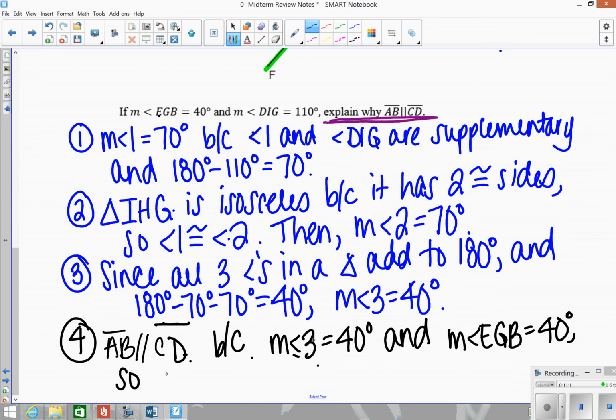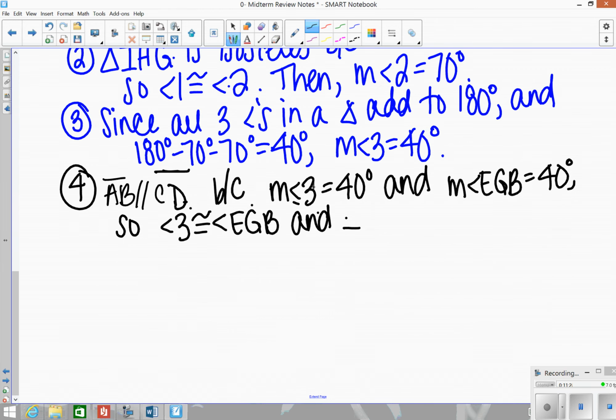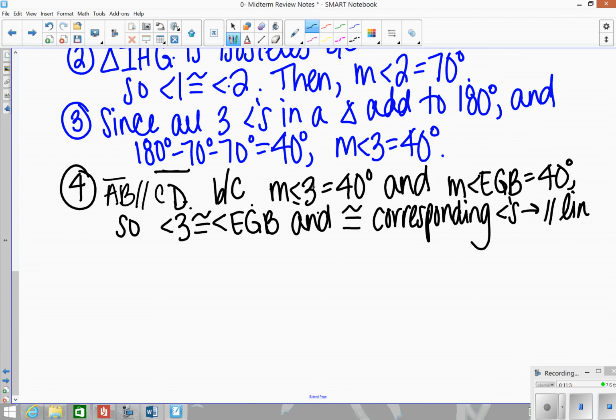So angle 3 is congruent to angle EGB, and congruent corresponding angles imply parallel lines. So we're doing the converse of what was on the previous page. So we got the congruent corresponding angles, which verified that those lines have to be parallel.